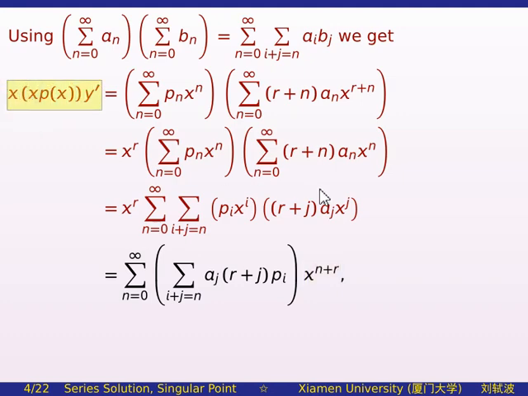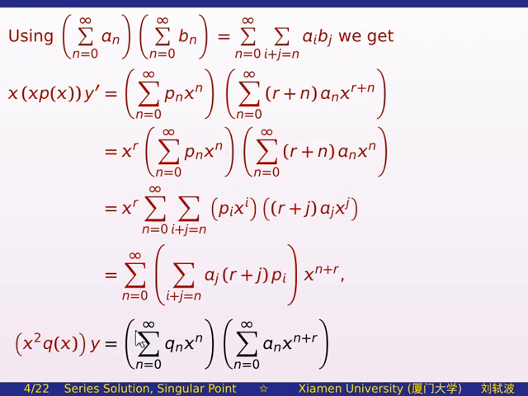Okay. Similarly, we can compute the y term, which is x squared q(x) y. And x squared q(x) is this q_m x^m series. And then the series expansion of y is this. I remind you that this expansion is not a power series expansion of y, because this is not a power series.